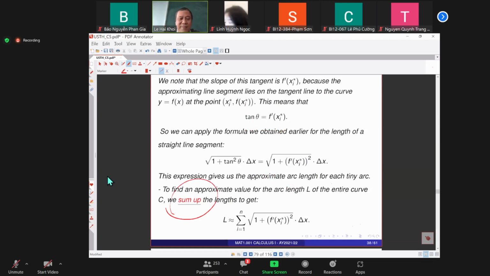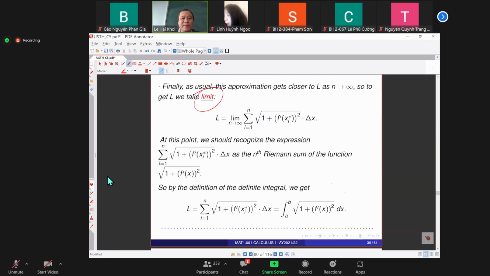The third step is sum up, and then the fourth step, you take the limit. Then it is done. The limit gives you this result. You see? So on these four steps, you follow the same as we did for the area.